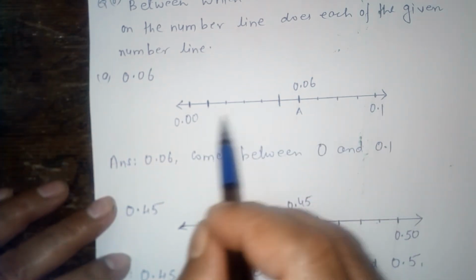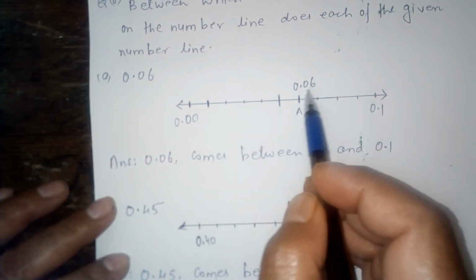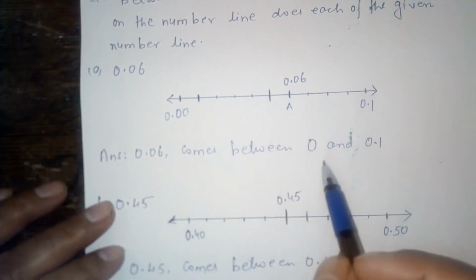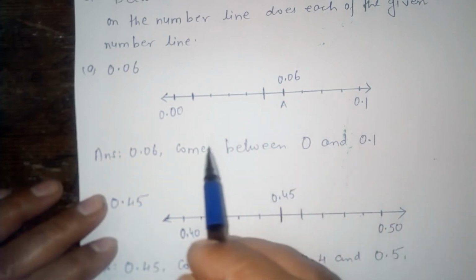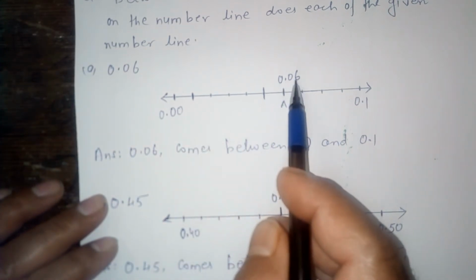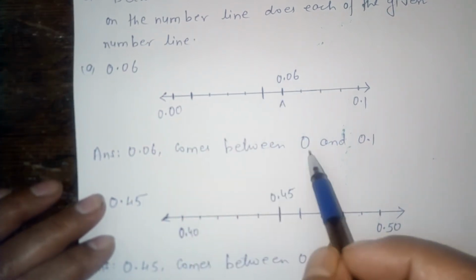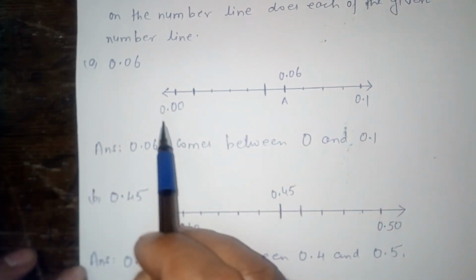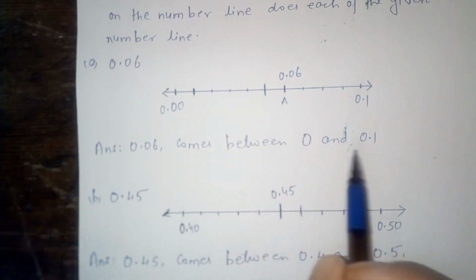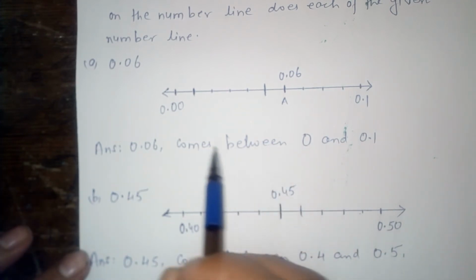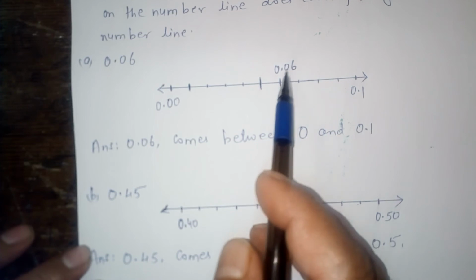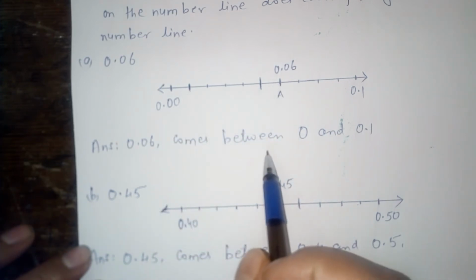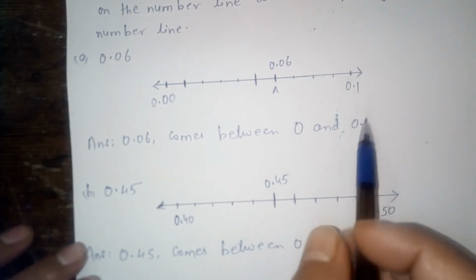The meaning is 0.06 comes between 0 and 0.1. 0.00 and 0 both are the same, there are no changes. So 0.06 comes between 0 and 0.1.